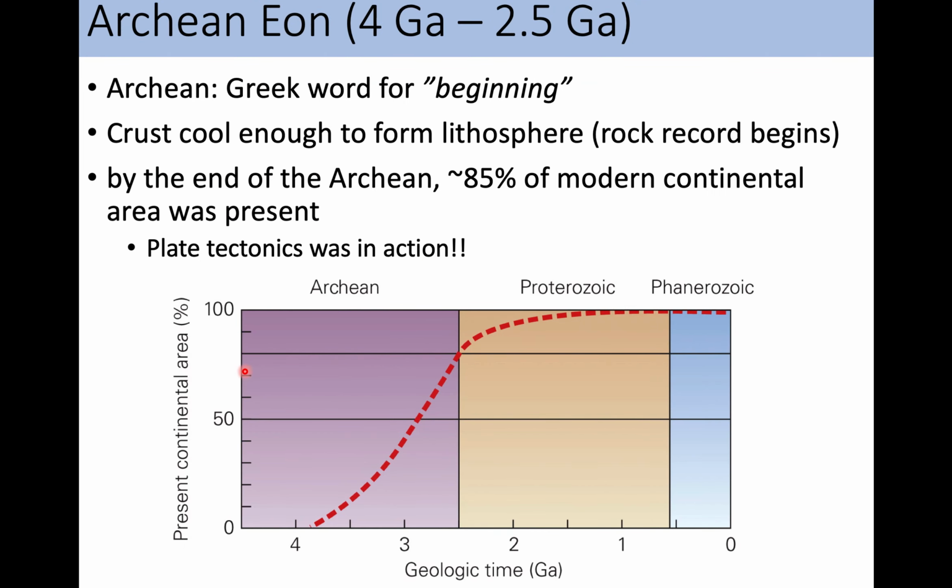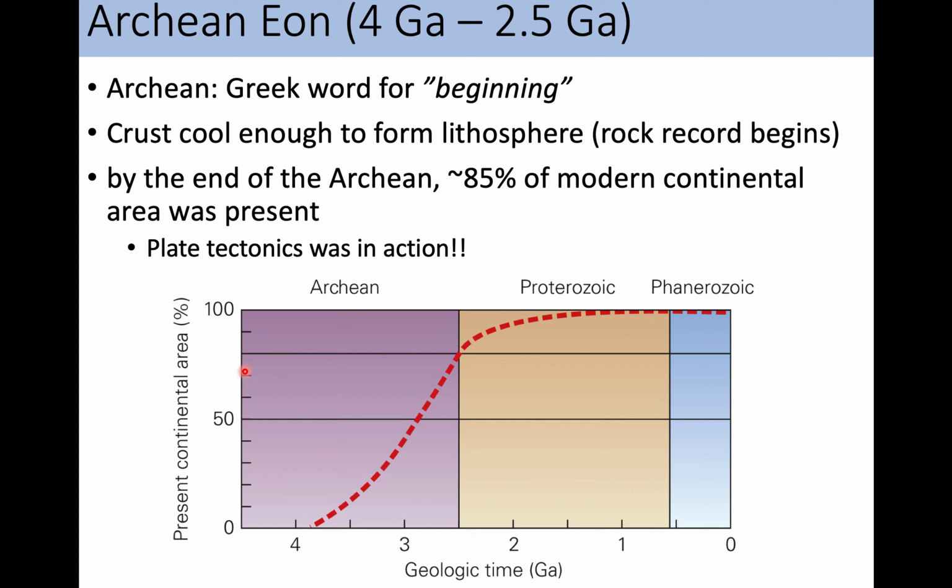So the next one we have is from 4 billion years ago to about 2.5 billion years ago. This is where the crust actually cooled to start forming lithosphere that stayed. A lot of the ultramafic rock that formed on the surface in the very beginning of Earth's history ended up sinking back down and liquefying and reforming in our mantle.